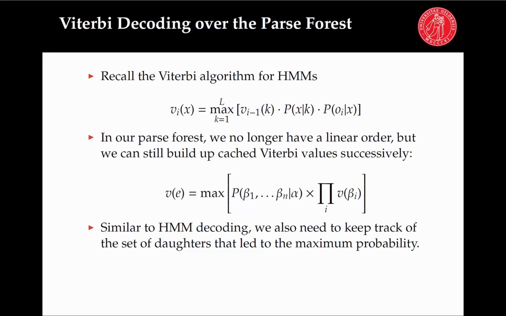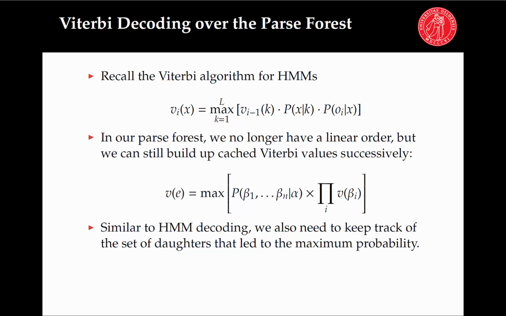So for a given edge E, we will assign to it the maximum probability for any subtree represented by that edge. So the edge can represent any number of trees.